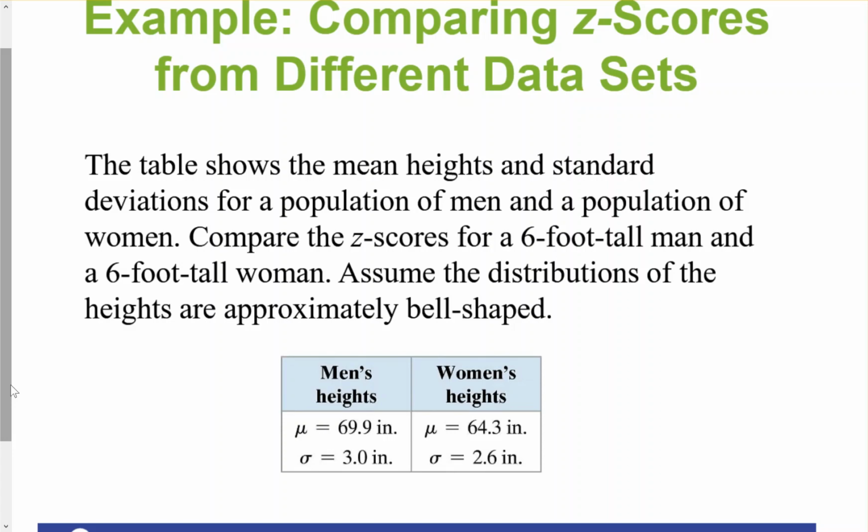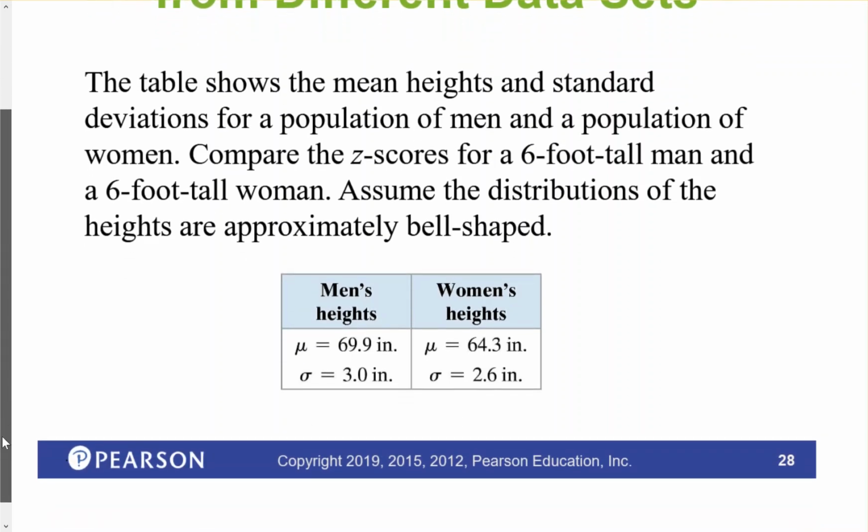Assume the distributions of the heights are approximately bell-shaped. So 6 foot is what, 72 inches? Right, 6 times 12. So 72 inches for a man.